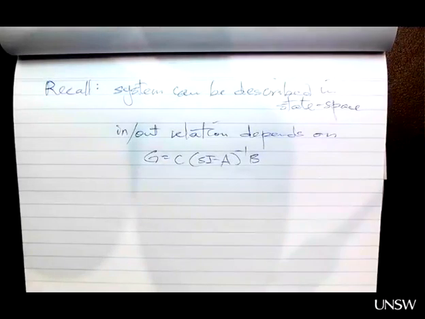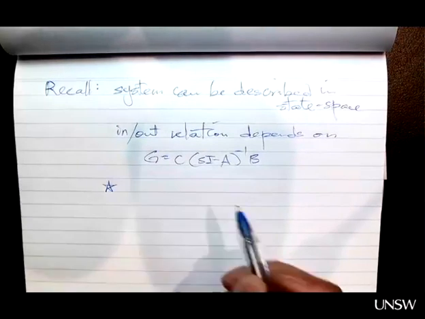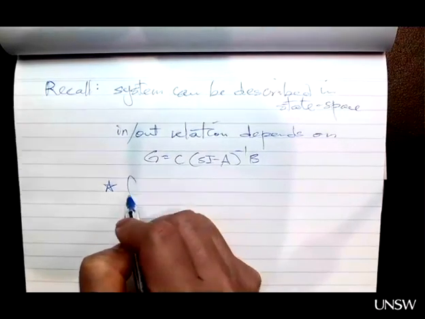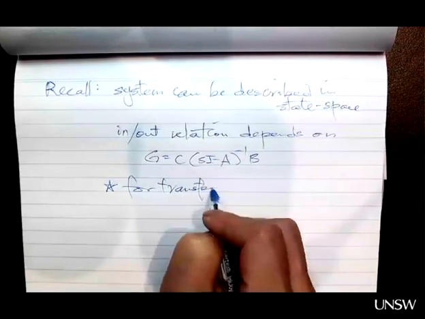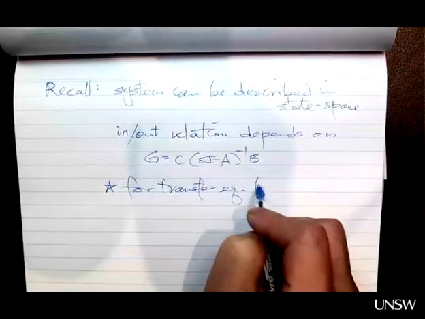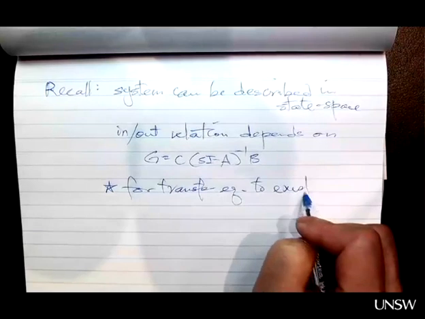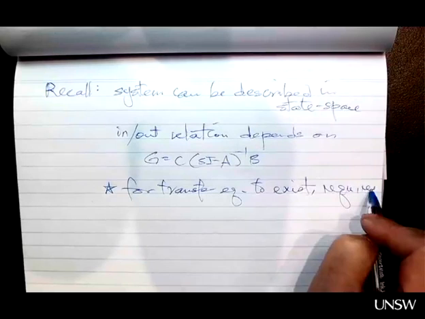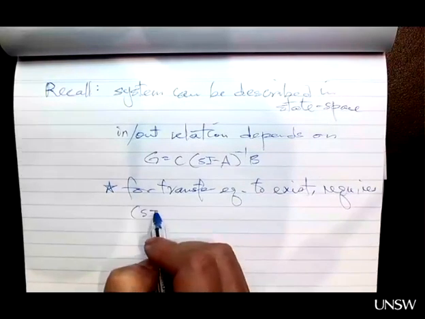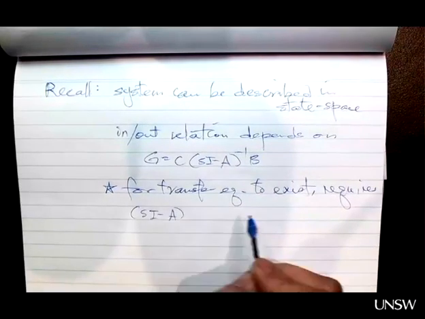So it is very important that for the transfer equation to exist requires this matrix to be invertible.